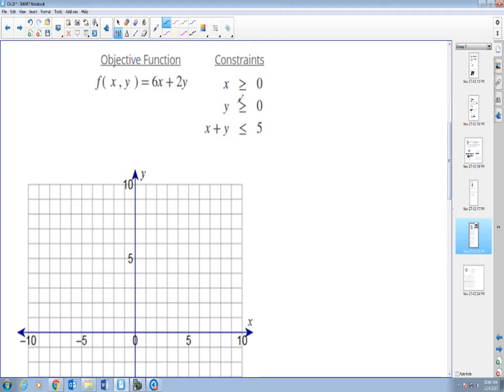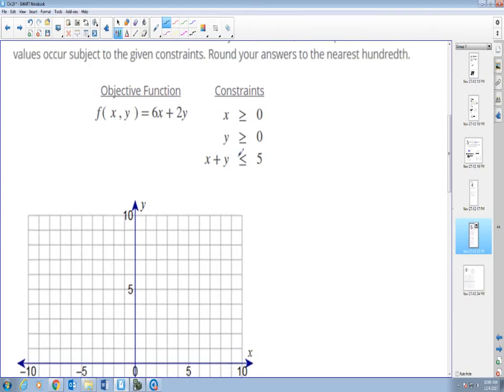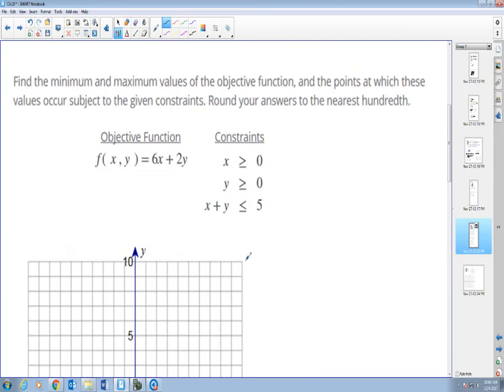Basically we are going to graph these three and see where they intersect. The points of intersection on the graph will tell me which is the minimum and which is the maximum. We take those coordinates and substitute them into the objective function. Whatever comes out will be my minimum and maximum value, and where it occurs will be the x value.